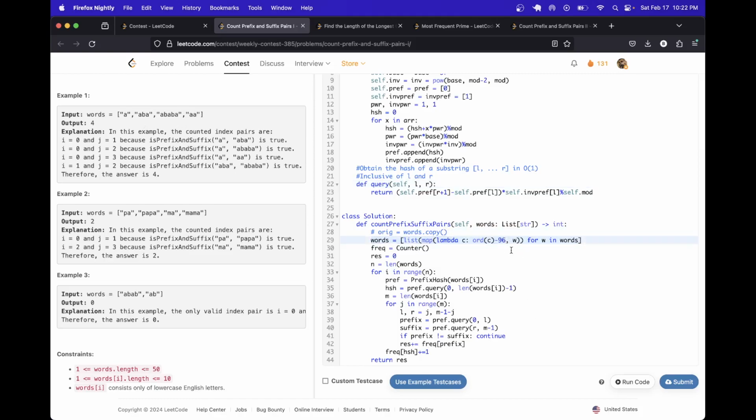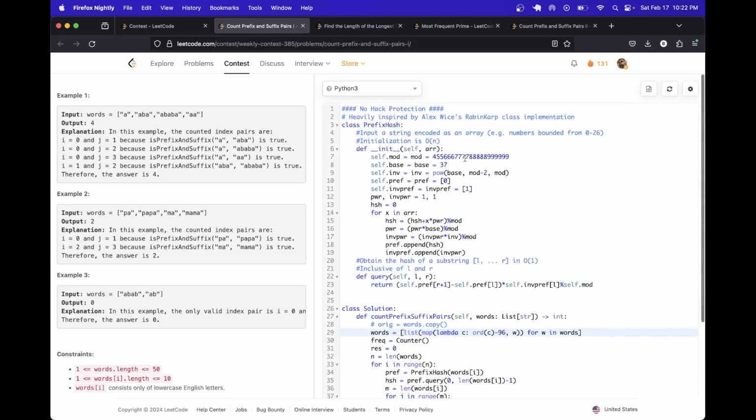Importantly, I don't say ord C minus 97, which is really common in Python and I think other languages. This maps A to 0 through Z to 25. The minus 96 maps A to 1 and Z to 26. So it's one indexed, which is a little confusing, but the way the hash math works out, that leads to fewer hash collisions.